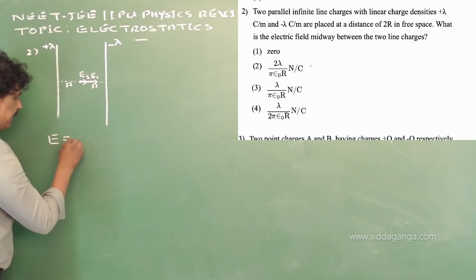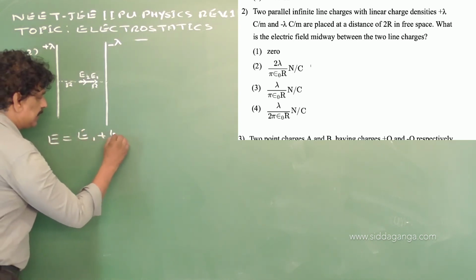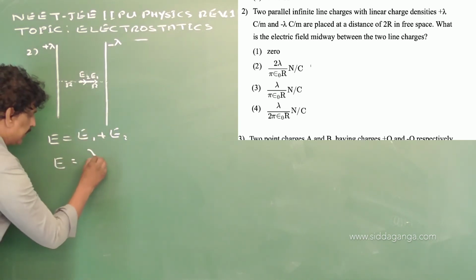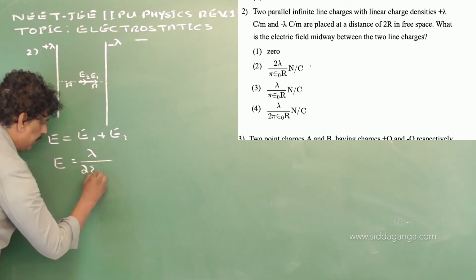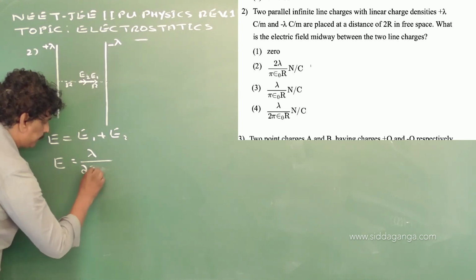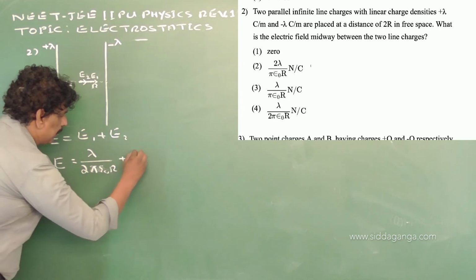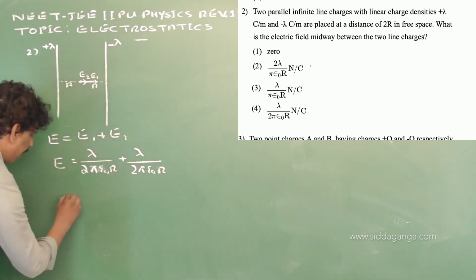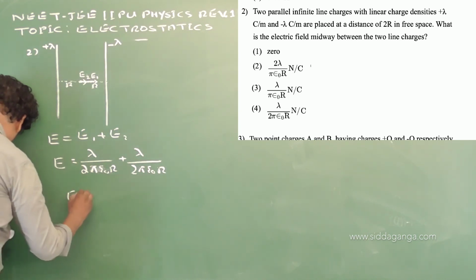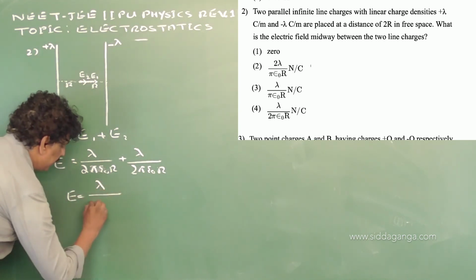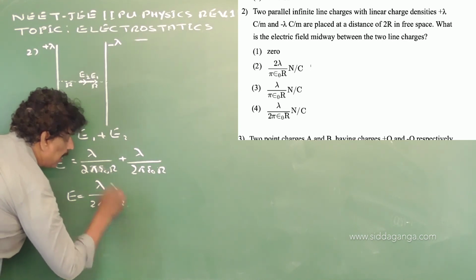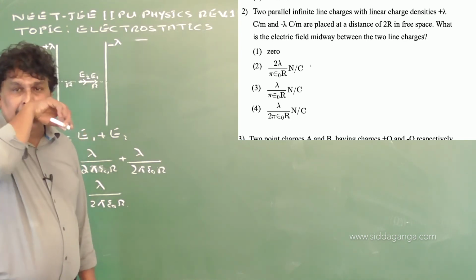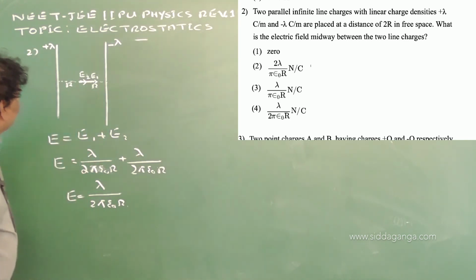Therefore, the resultant field E is equal to E1 plus E2. Taking the magnitudes, E is equal to lambda by 2 pi epsilon naught r plus lambda by 2 pi epsilon naught r, or this E comes out to be lambda by pi epsilon naught r. So the third one is the right option.